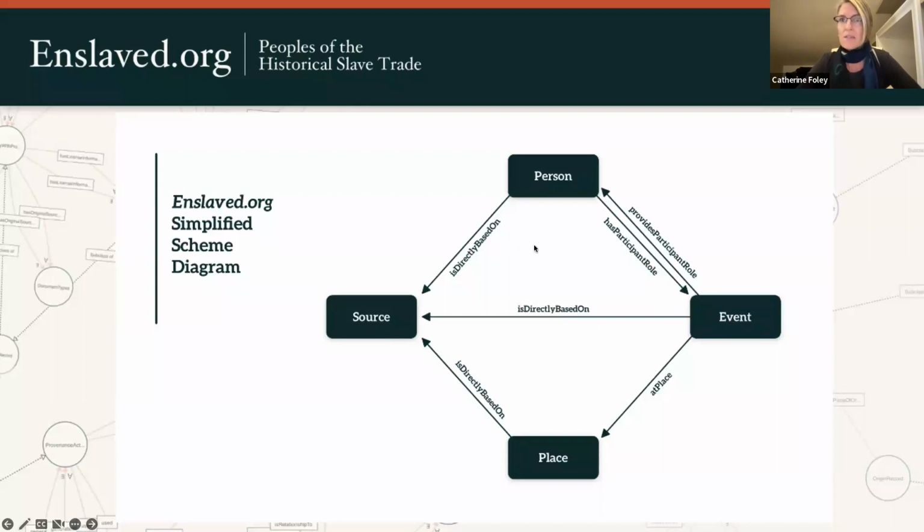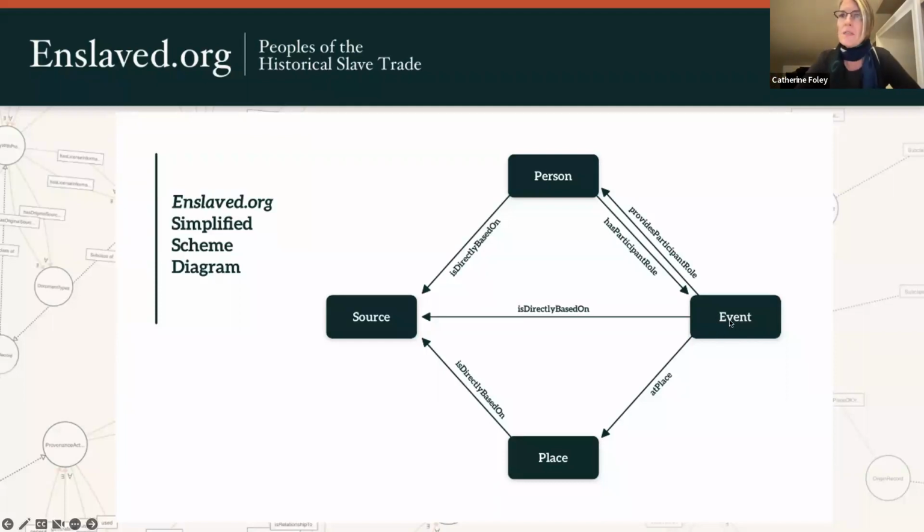And it also has some information about how these are connected. So, for example, in the data model, a person has a role within an event, and then the event has participants. So the person is attached to the event, and the event is attached to a person. So a named person would then be identified as participating in their baptism, for example.